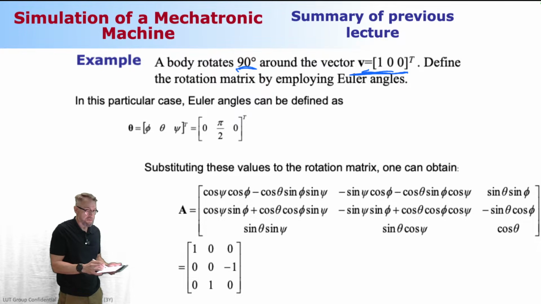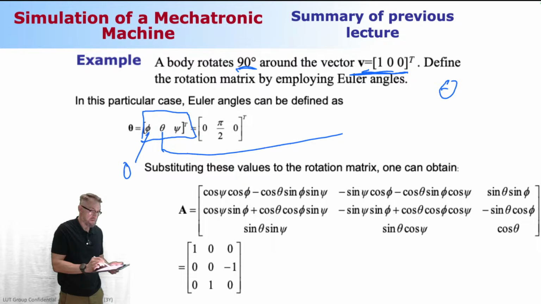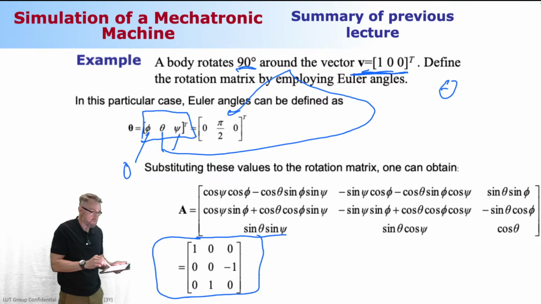The amount of rotation that takes place around the x-axis was this theta. So basically what you need to do is substitute that information into this vector. This is going to be 0. This one, pi divided by 2. This guy is going to be 0. You do the substitution and you do the math. This is how your 3 by 3 rotation matrix reads.